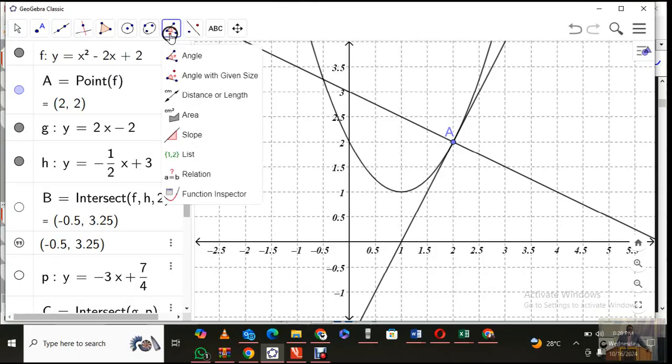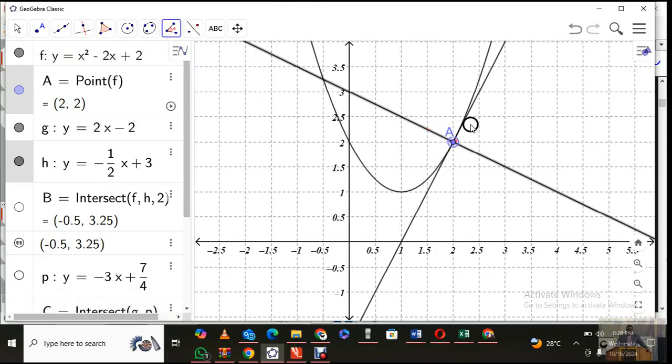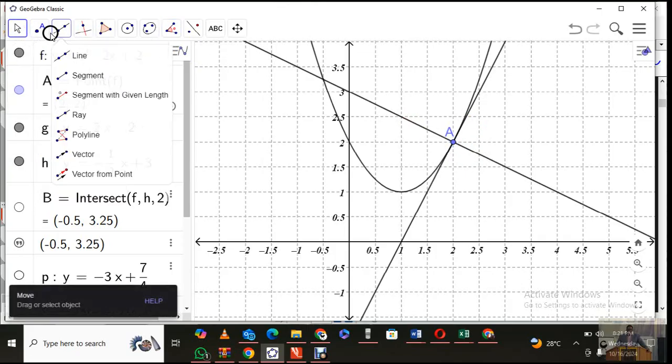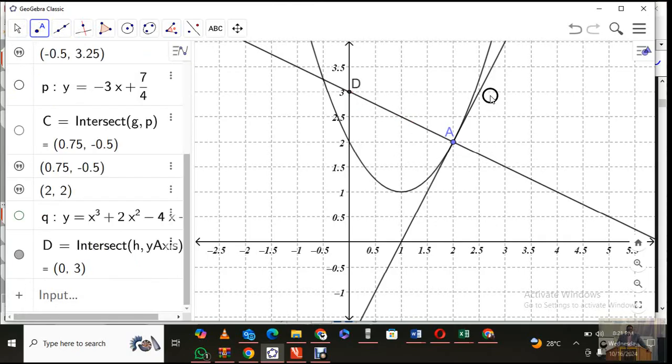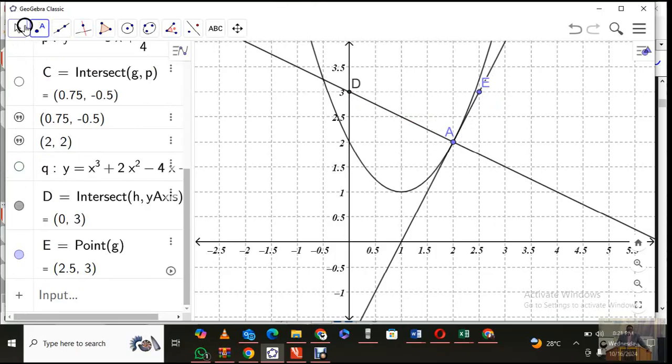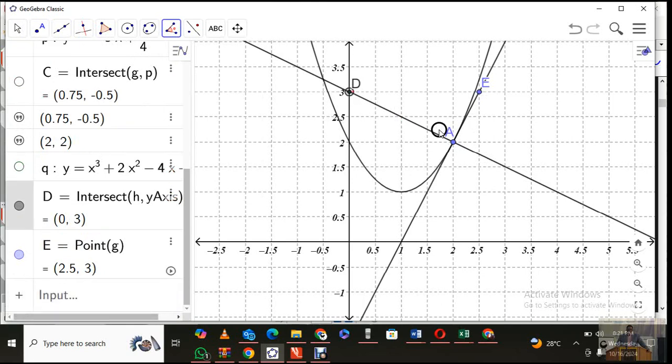So let's just see if I can still do that. So maybe we find a point somewhere over there. Well, it has to be a reference point. So let's just go back and let's introduce a point. Let's say a point here, and let's say we introduce another point there, just to show you that that angle there should be angle DAE.